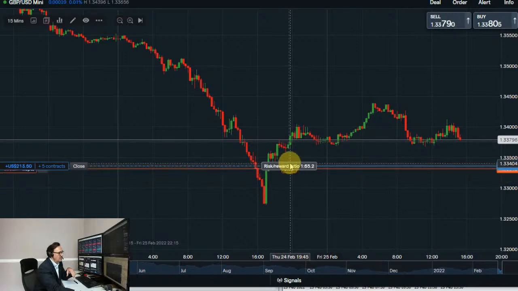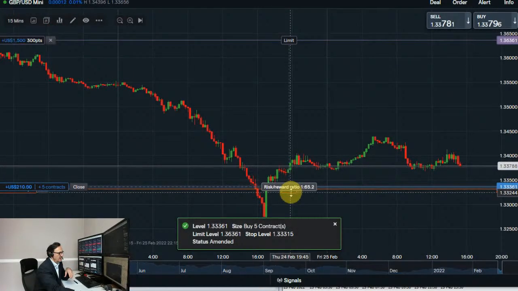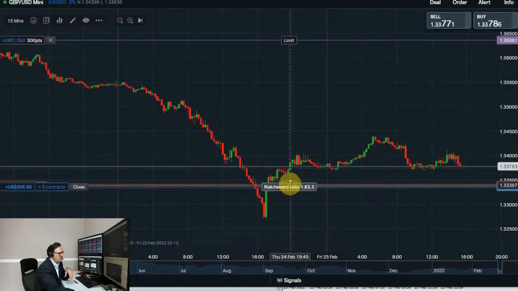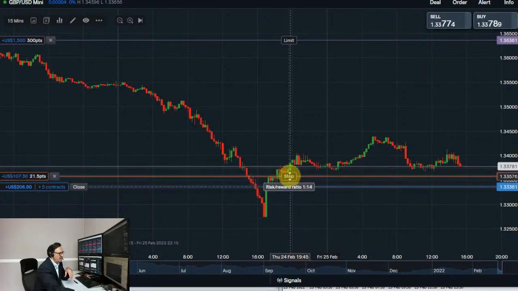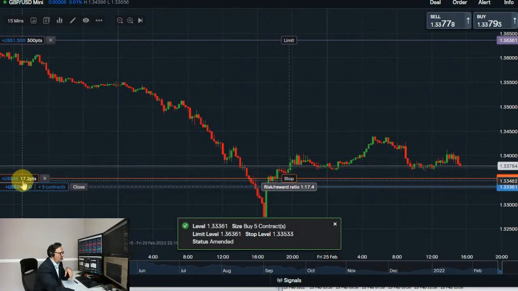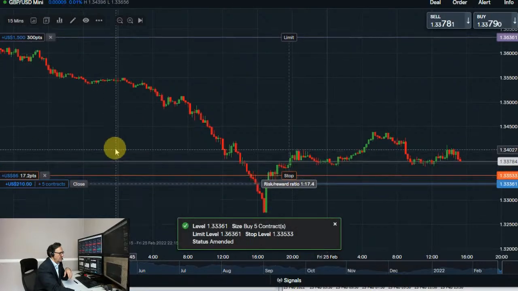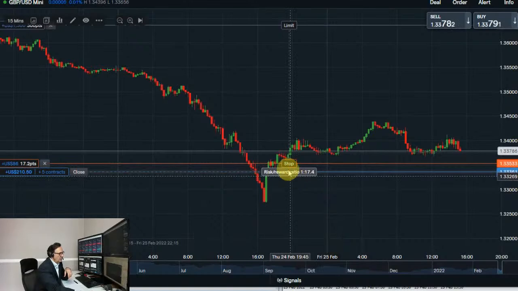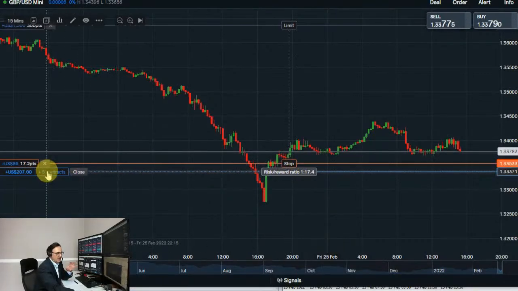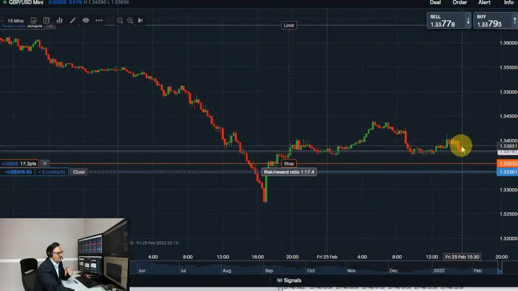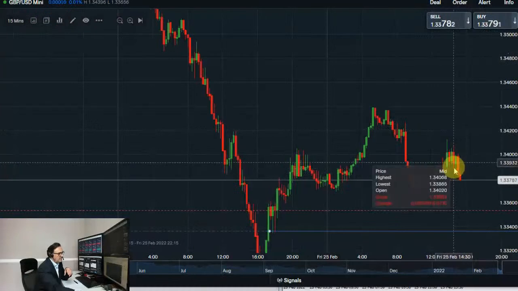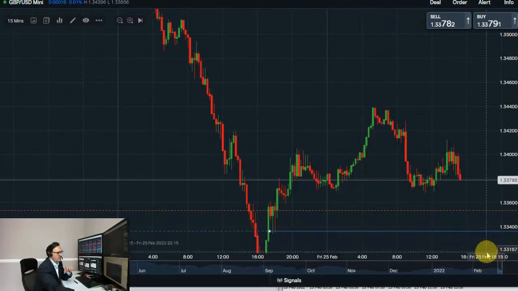I'm going to move my stop loss slightly closer to the entry, so just up here. I'm going to lock in about 17 points on this trade, so I'm going to move my stop loss slightly above my entry, very close to it. I'm going to lock this in, and if the price falls and picks me up there, I'll walk away and say, okay, fine, I'll go and look for another setup.